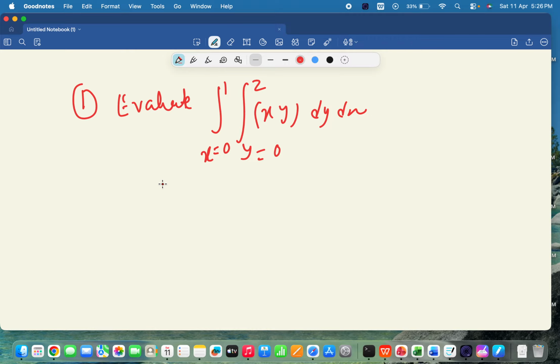In this case, when the limit is constant, we can solve either the dy limit first, then dx, or we can solve first dx, then dy.